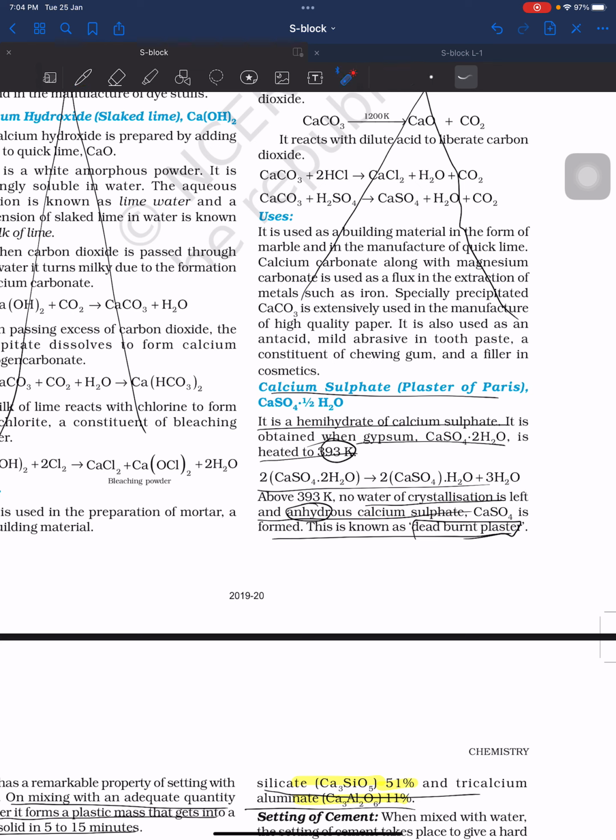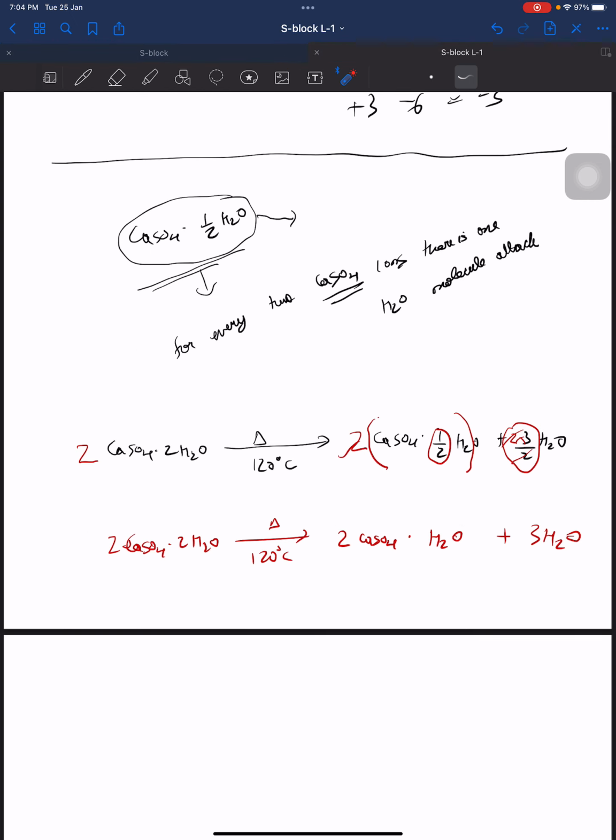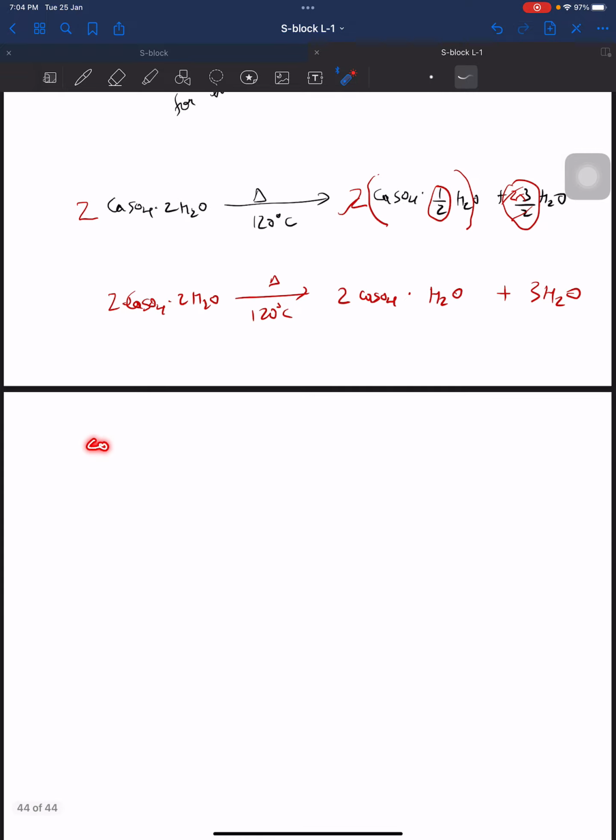Above 393 Kelvin, no water of crystallization is left and anhydrous calcium sulfate is formed. So what does it do?